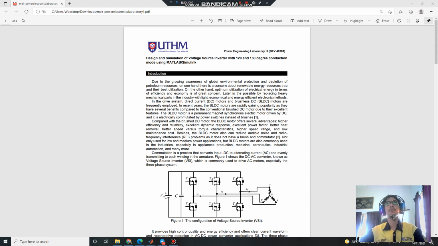I represent our group to explain the design and simulation of a voltage source inverter with 120 and 180 degree conduction modes using MATLAB simulation.